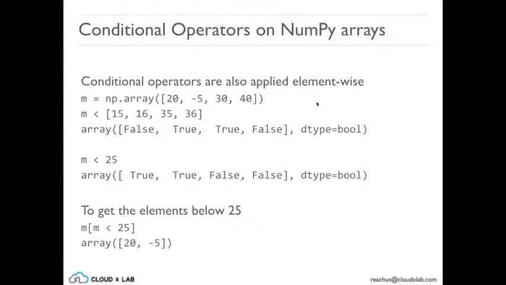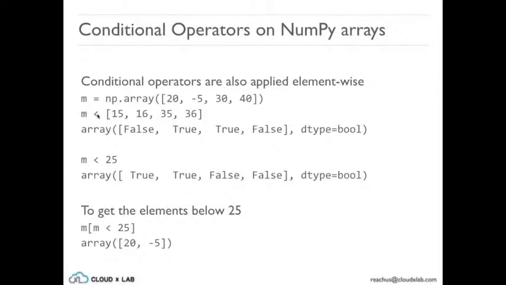I can even do conditional operators. I can check, hey, if I have an array like this and I want to compare it with another array, so an element-wise comparison. For example, I have another array which is 15, 16, 35 and 36, and the comparison I want is less than.